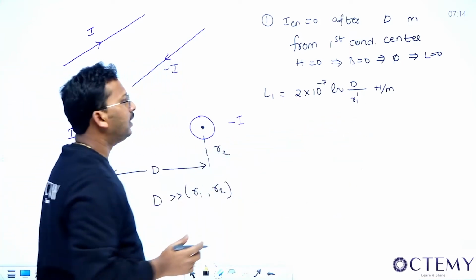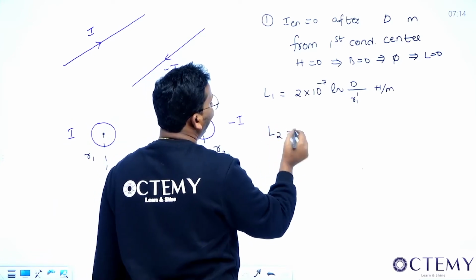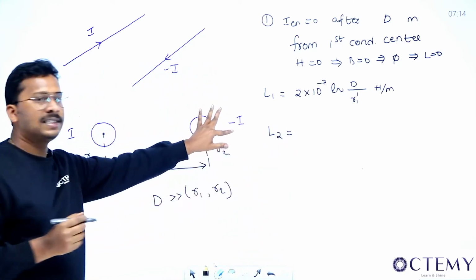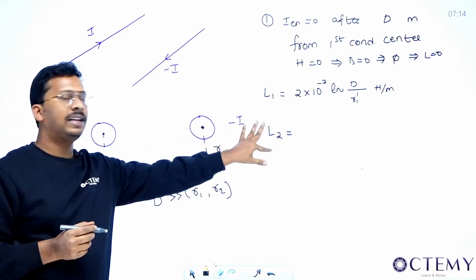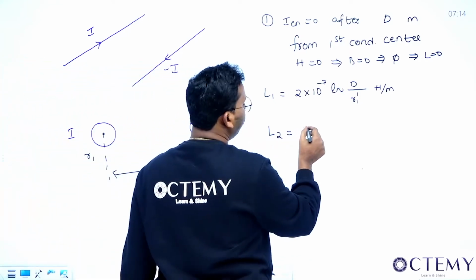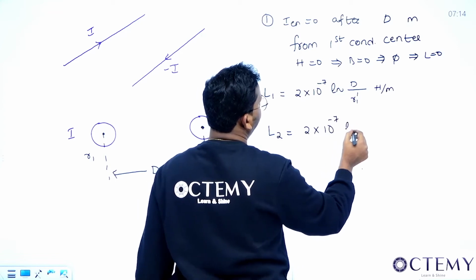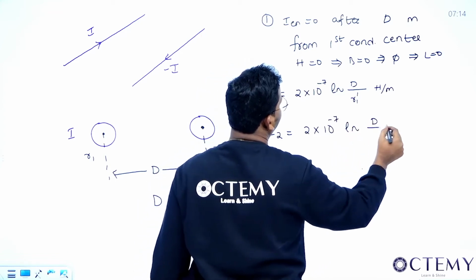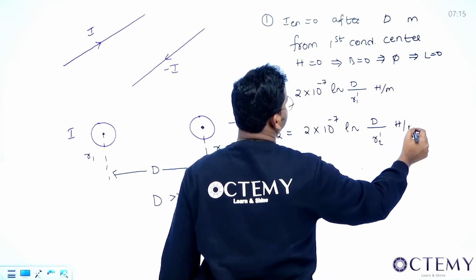Similarly, L2 is because of this minus current. You might think that the flux linkage which you get is minus, but we'll take the inductance as positive only. So L2 will be equal to 2 into 10 power of minus 7 ln d by R2 dash, Henry per meter.